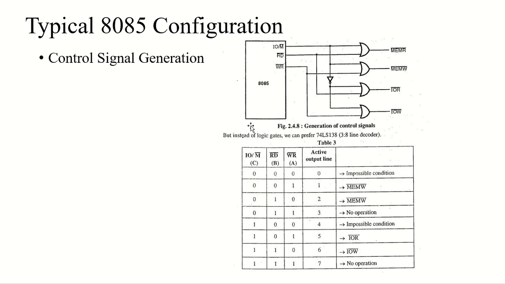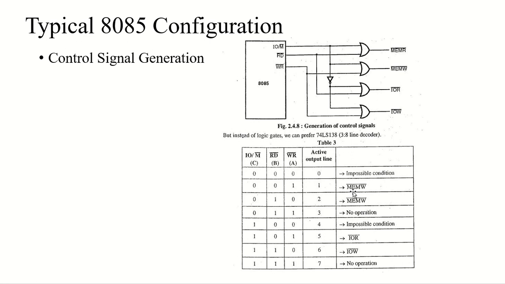Similarly, we can go for the combination IO/memory equal to 0, read equal to 1, and write equal to 0. So the second output line will be activated and we will get the MEMW signal.